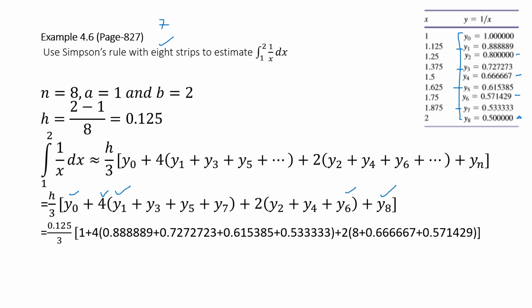1, this is equal to 1, so 1 is here. Okay, h by 3, and I think I forgot here at the end the last one, plus 0.5.